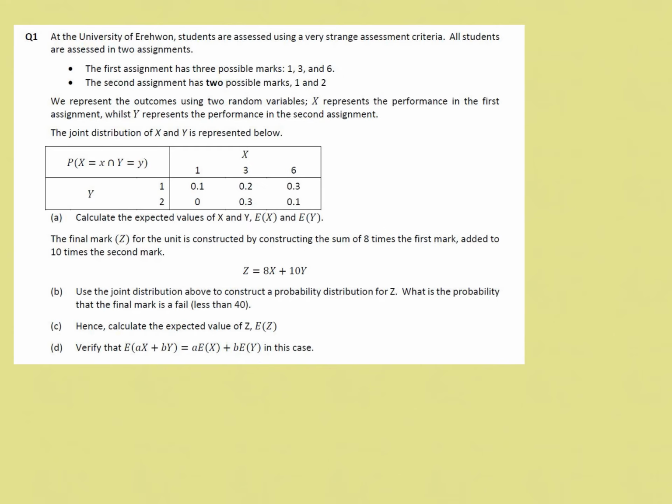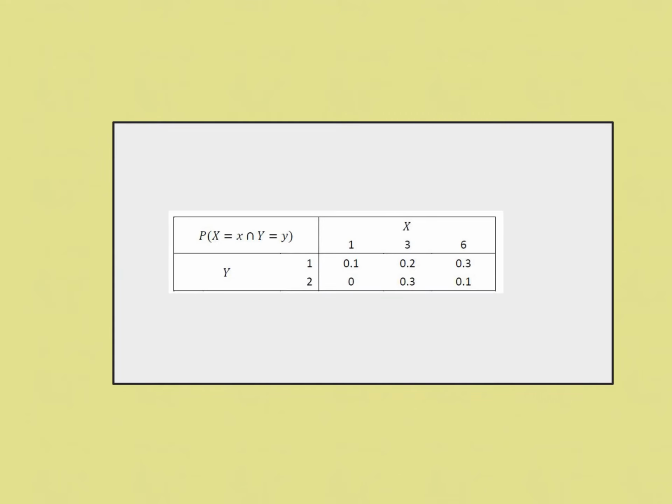Remember, we can use the law of total probability to say, for instance, the probability that x is equal to a particular value, let's say little x, is equal to the sum over all possible values that y takes of the probability that x is equal to that little x and y is equal to little y. That's provided all the pairs of outcomes are mutually exclusive.